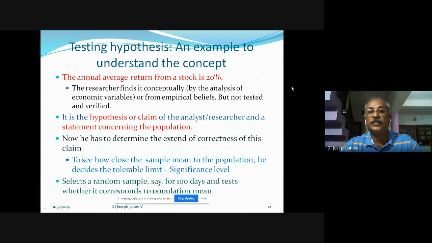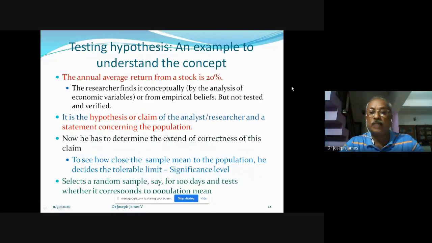That is a statement after considering the entire stock return for the whole period under consideration. And the researcher finds it conceptually by the analysis of economic variables or from empirical beliefs, but it is not tested and verified. And we state it in a definite form. And therefore, it is a hypothesis or claim of the analyst or researcher, a statement concerning the population.